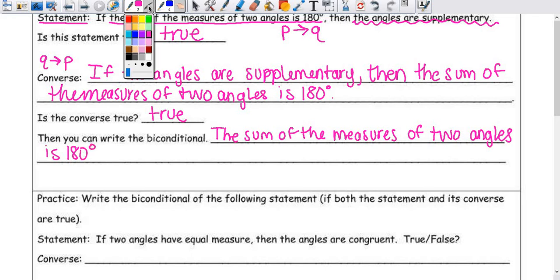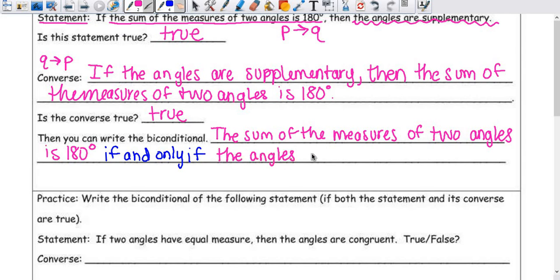And now I'm going to put in if and only if. And then let's put in our conclusion. The angles are supplementary.